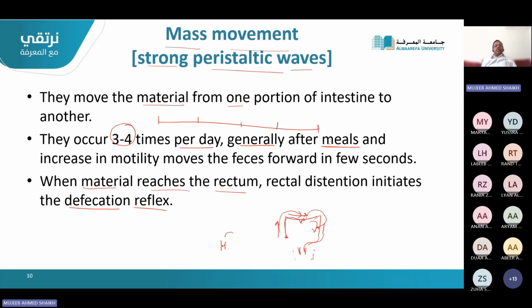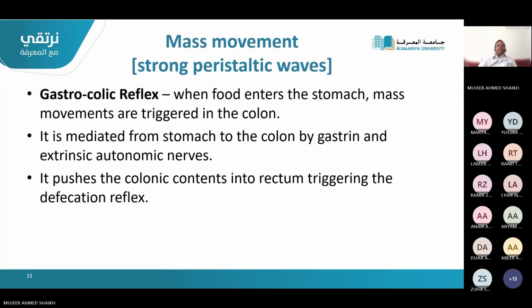Now, once the chyme reaches here after mass movement, it will get distended and it will start sending nerve signals to the spinal cord. Nerve signals will go to the spinal cord, and then it will start relaxation of the sphincter. From here, it will come back again. Okay, I will discuss this defecation reflex again.